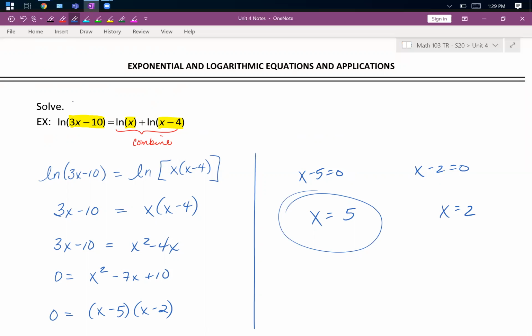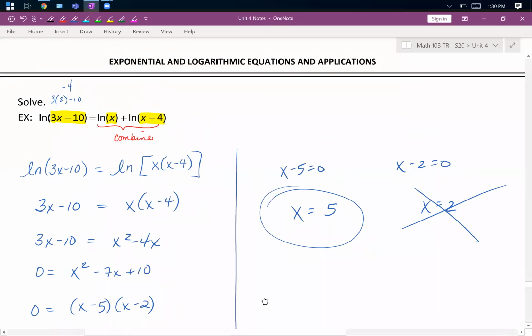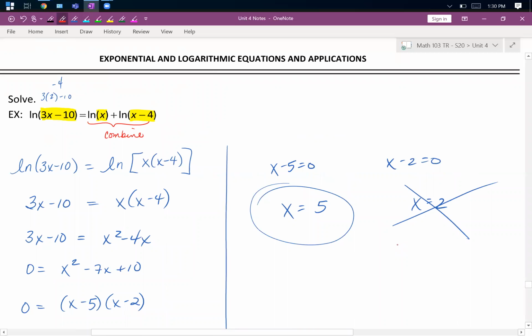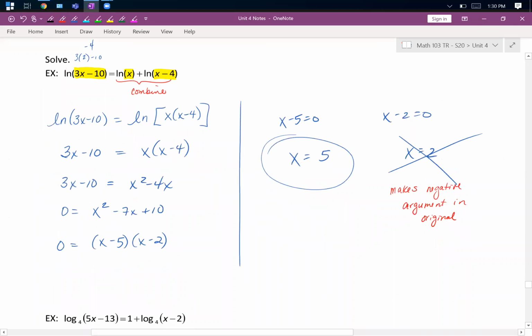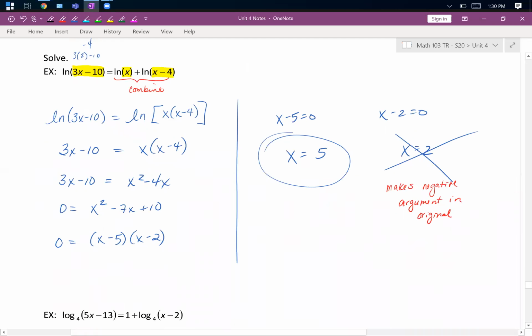Notice that when I plug 2, 3 times 2 minus 10, I'm getting -4. So I'm going to have to throw this out. Make some negative argument in our original equation. Questions?